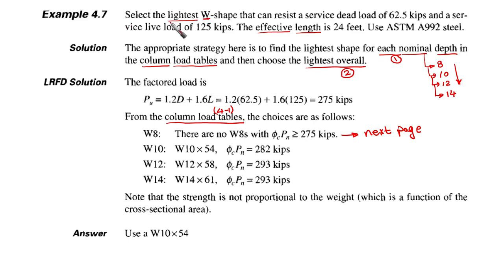Select the lightest wide flange shape that can resist a service dead load of 62.5 kips and a service live load of 125 kips. The effective length is 24 feet, and we are going to use ASTM A992 steel.